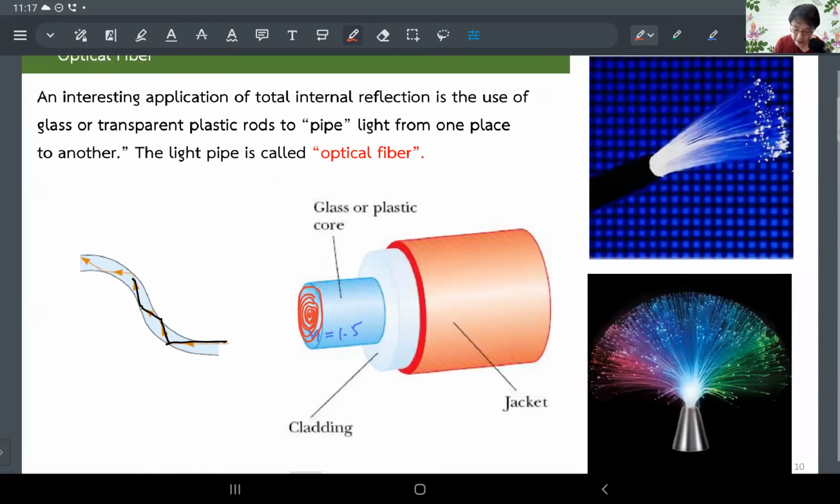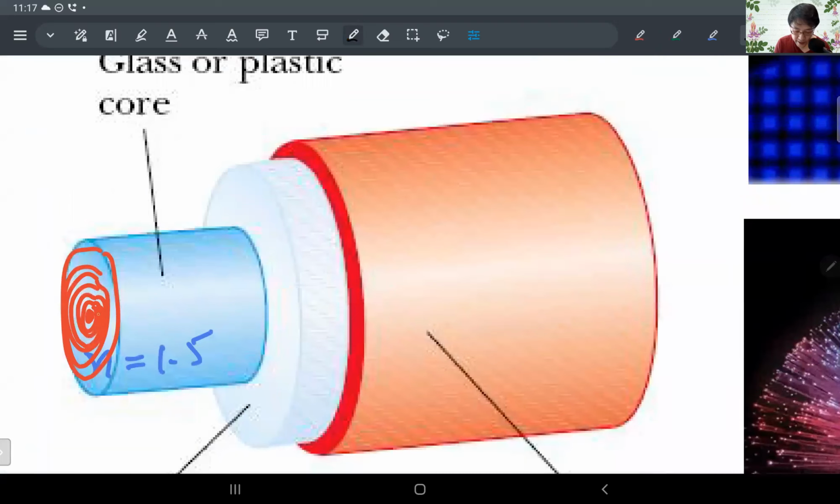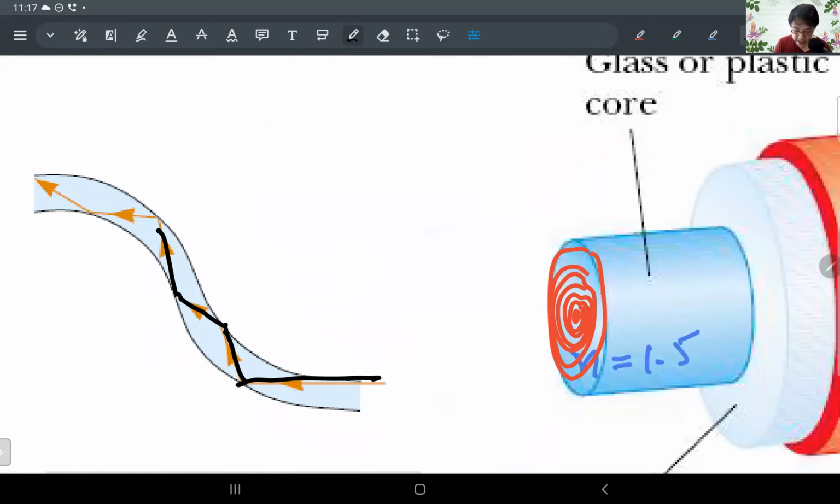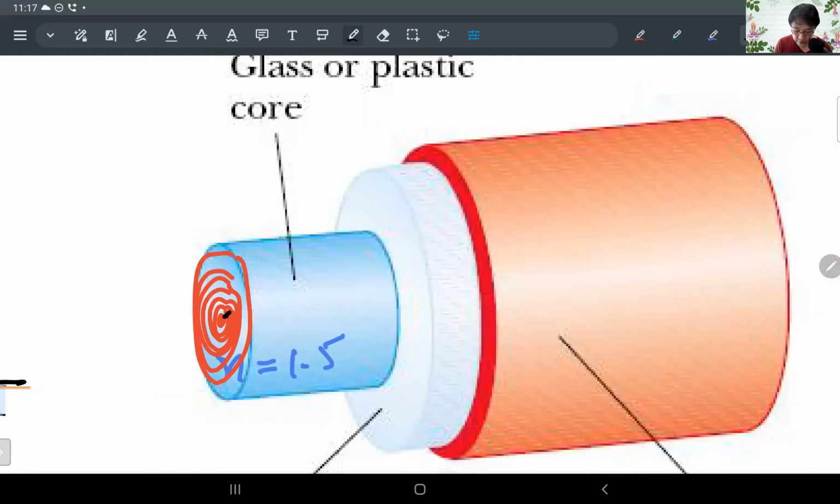So instead of just a straight line of light going through and bouncing back like what we just studied, by having the graded index, there's multiple total internal reflection everywhere.